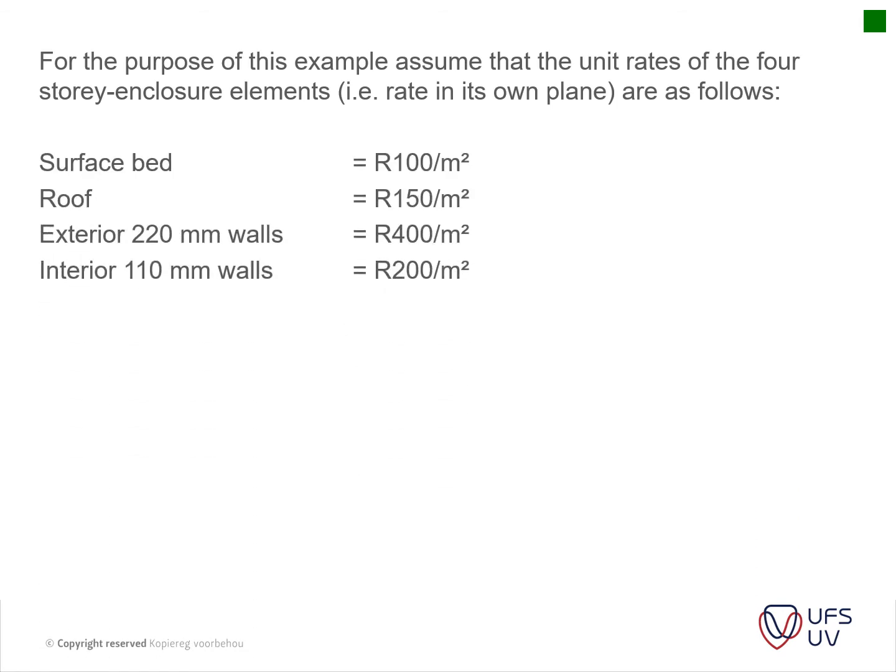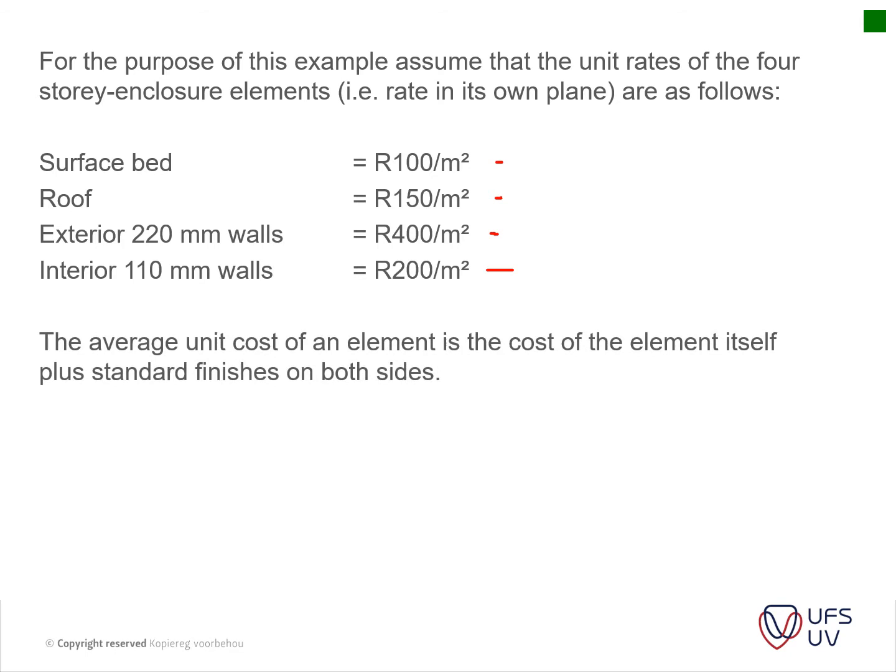We've got the surface bed, which is 100 Rand per square meter. We've got the roof area, which is 150 Rand per square meter, and we've got the exterior walls, which is 400 Rand per square meter. And then we've got the interior walls, which is 200 Rand per square meter.